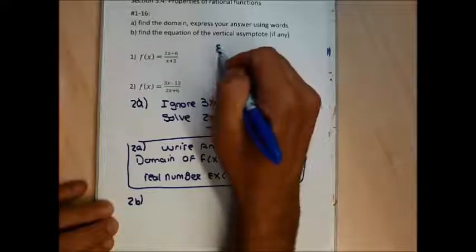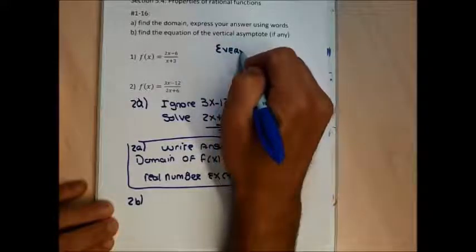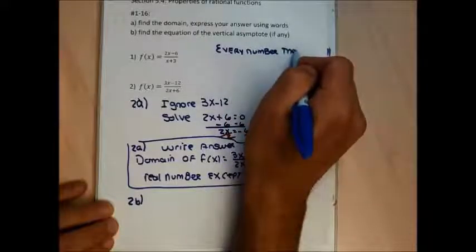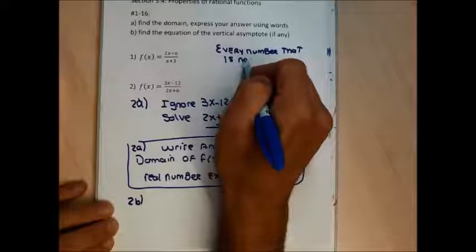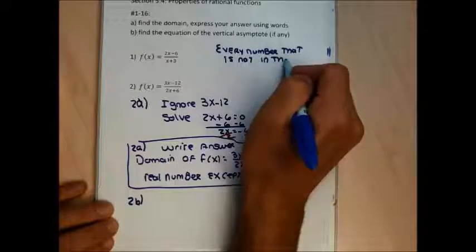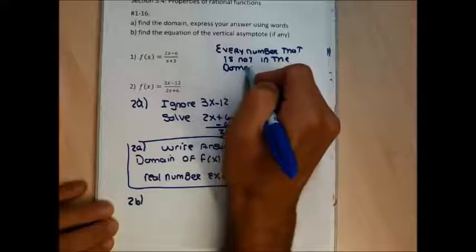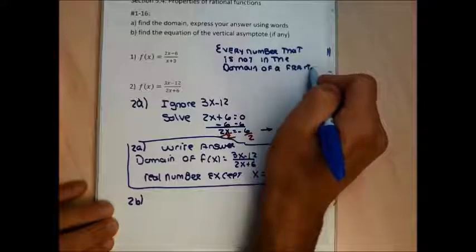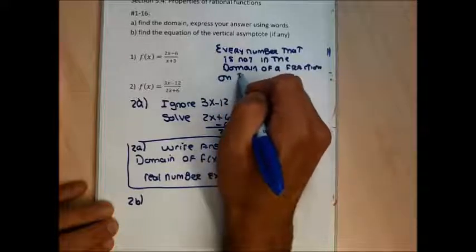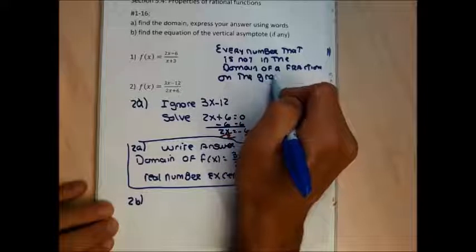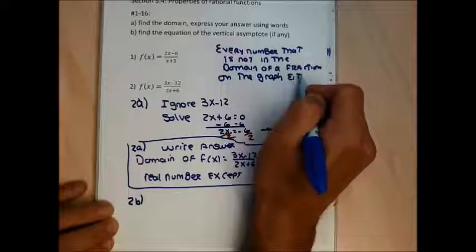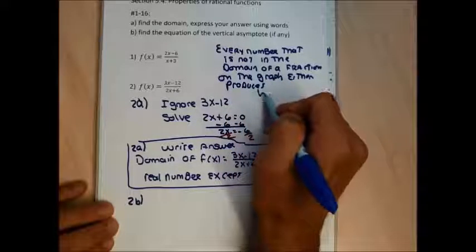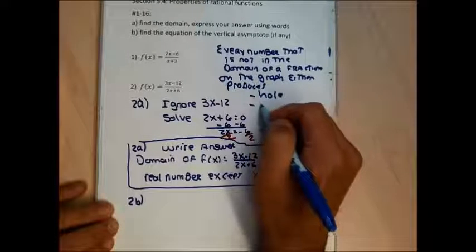So every number that is not in the domain of a fraction, in this case the number -3, on the graph of that fraction either produces a hole or a vertical asymptote.